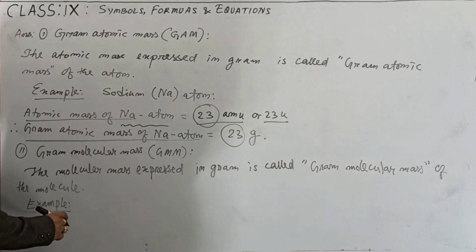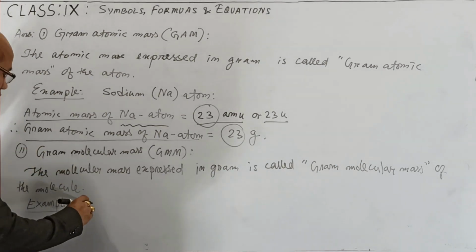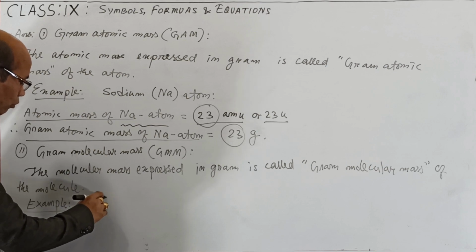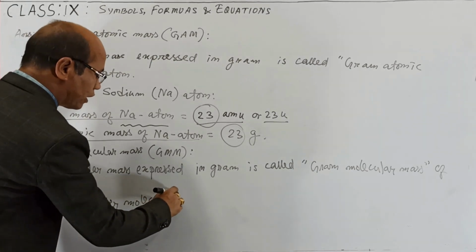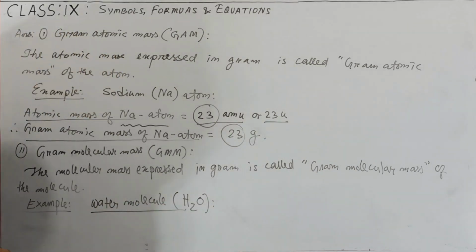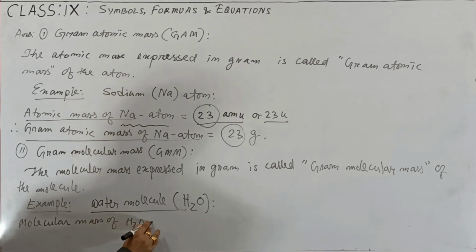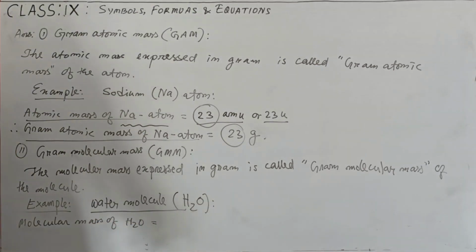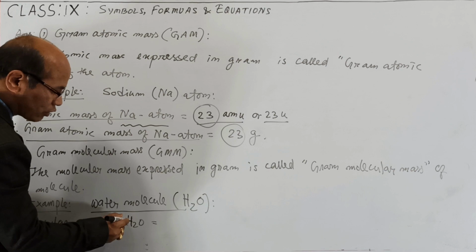So now let us give an example. Let us take a molecule. This time we cannot take an atom because this is a molecule. Let us take the water molecule. Chemical formula for water molecule is H2O. First, let us find out the molecular mass of water. How will you find out molecular mass? You have to add the atomic masses of all the atoms that constitute the molecule.